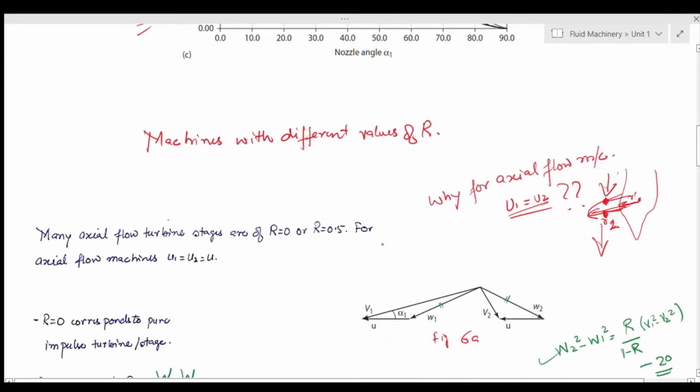Now let us see what happens when we have different values of R. ठीक है? For many axial flow turbine stages, R would be equal to 0 or 0.5, यानी R 0 होगा या R half होगा.